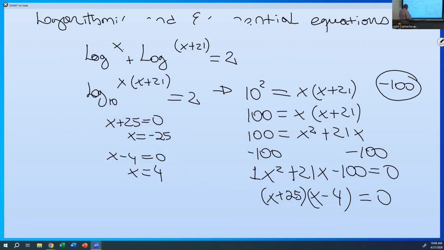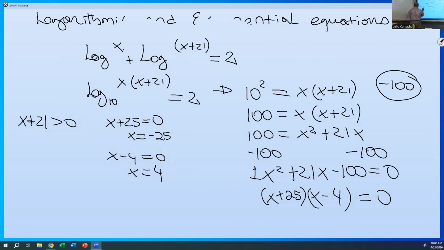Now how can I decide if both are right or only one is right? Well, we go to the domain. You have x plus 21 is greater than 0, because remember, you cannot have anything in the exponential that is less than 0. So what we have now is an inequality.